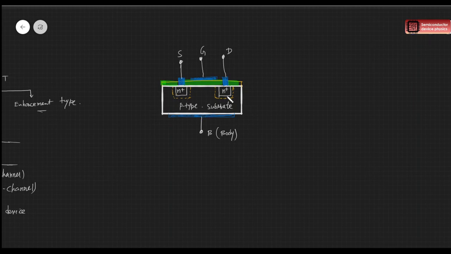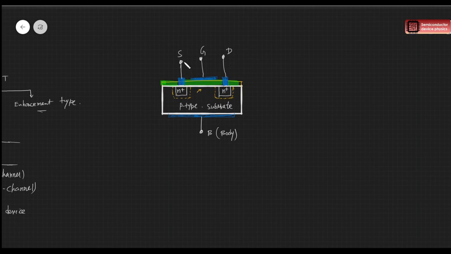Now in this condition, between the source and the drain there is no channel. So we have N plus, then the semiconductor is p-type, and N plus. If you connect a voltage between source and drain, the current won't flow, because there are no similar carriers. Here we have plenty of electrons, here the majority is holes, and here electrons.